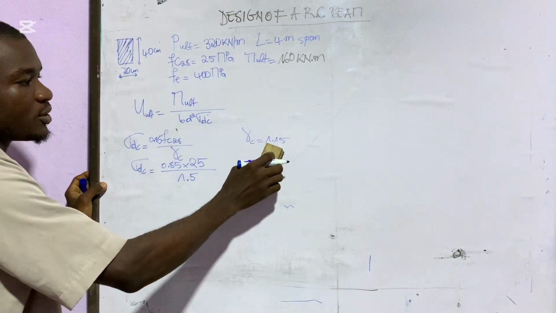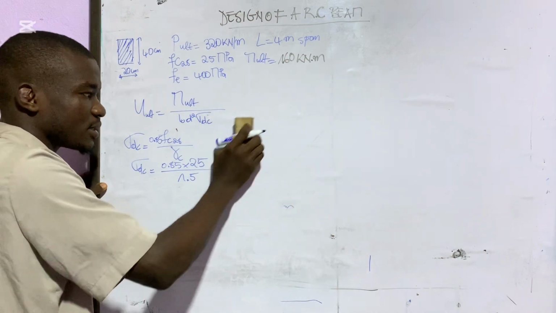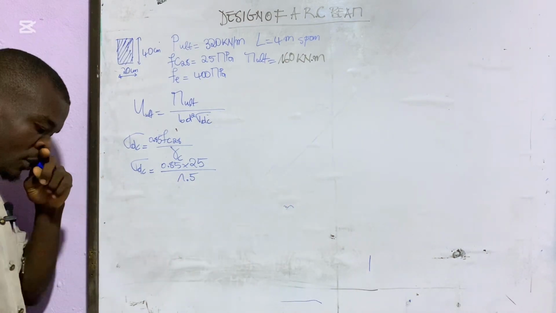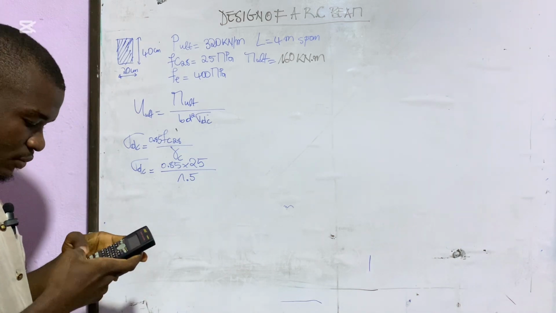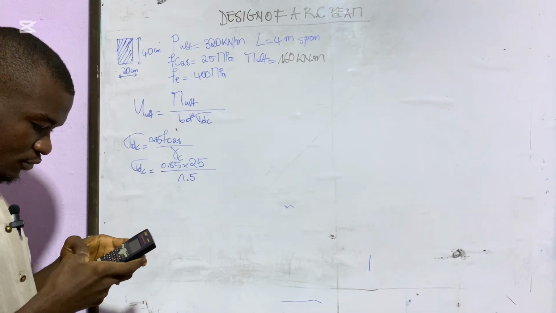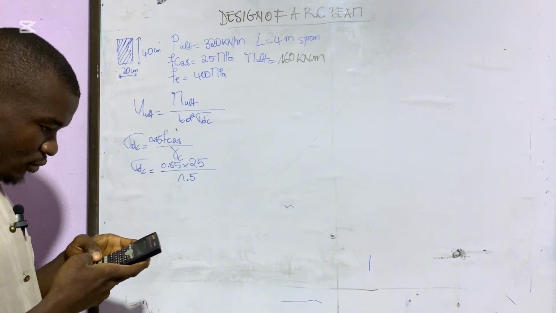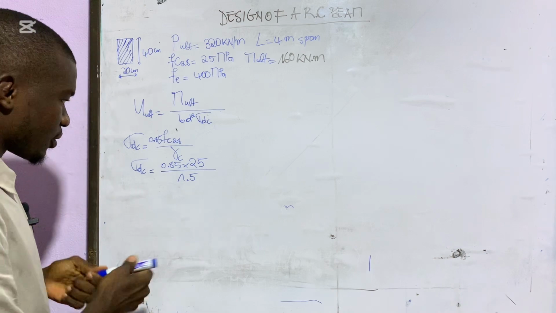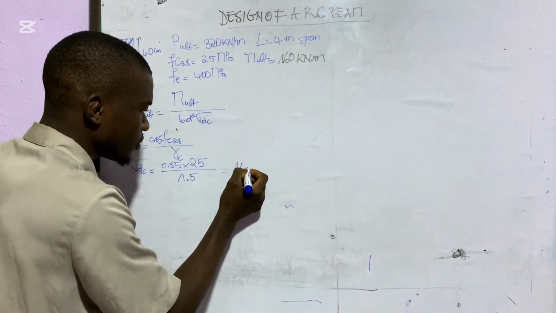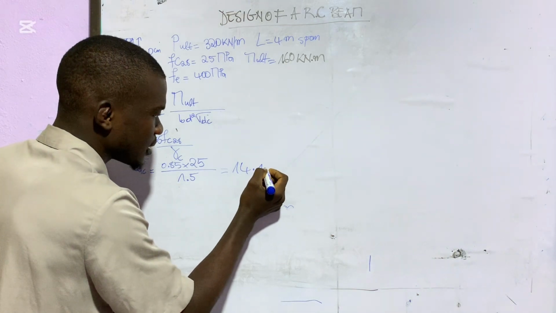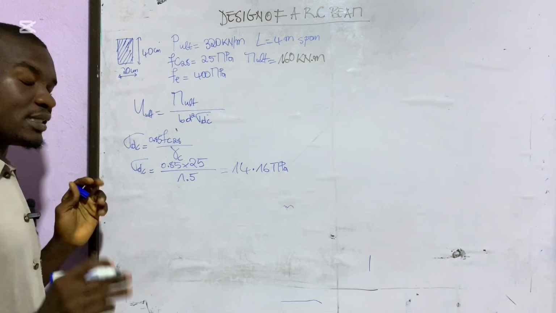For general cases, gamma c is equal to 1.5. So doing the computation, 0.85 times 25 divided by 1.5, we have 14.16 megapascal. That's the design strength.